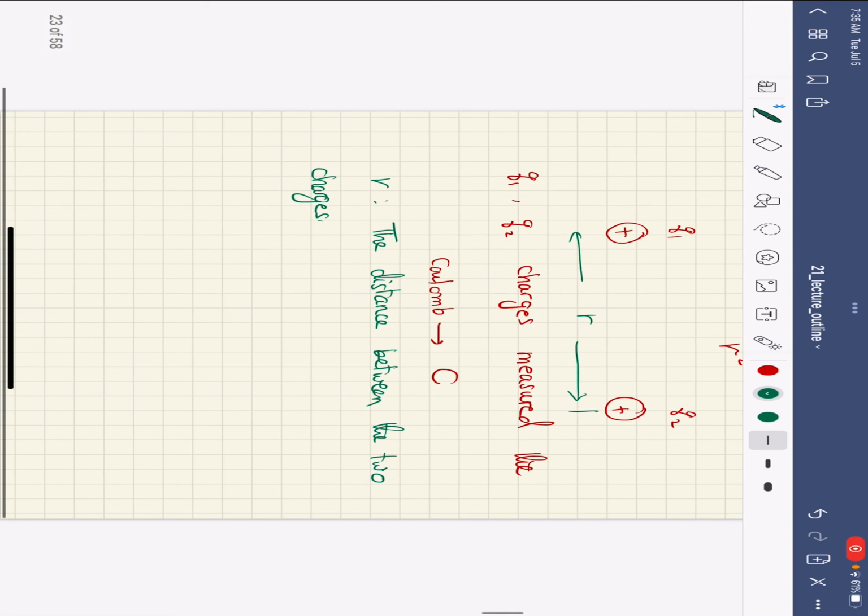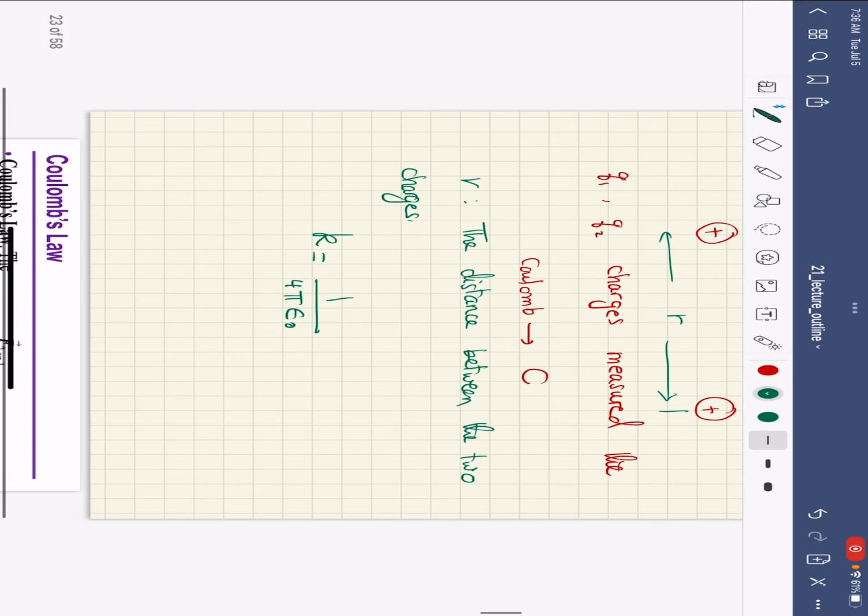Now, that K, the constant, was calculated using another constant, which we call epsilon 0, and that epsilon has to do with the medium, and therefore we are going to say mostly now the medium is going to be air.